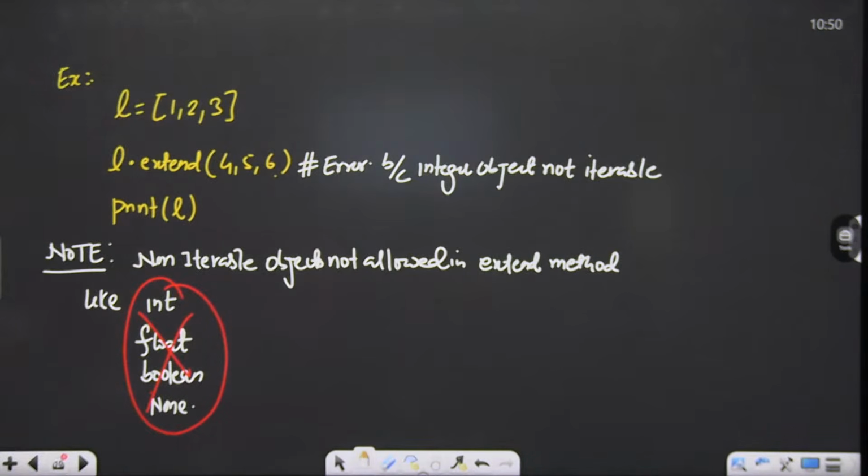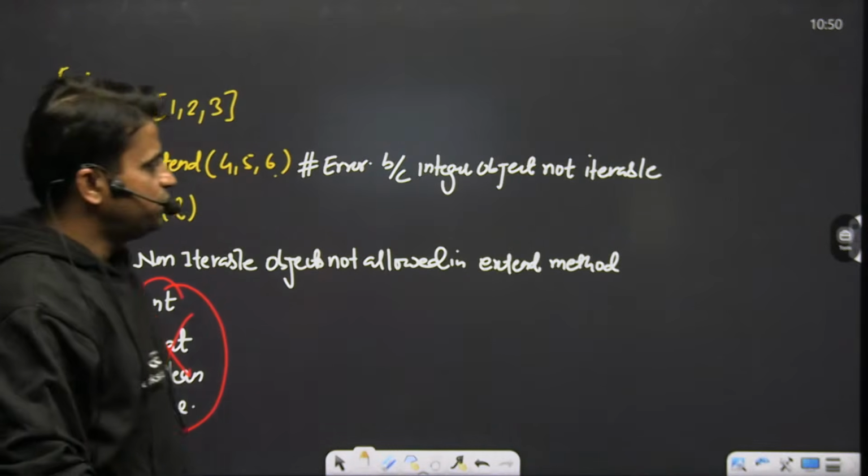Integer object not iterable. Okay, because an integer object is not iterable. Understood?